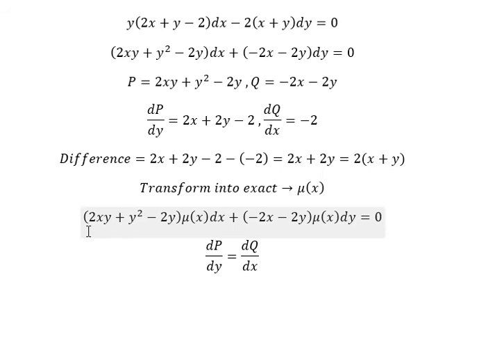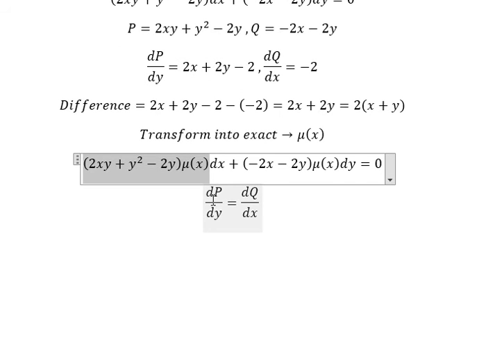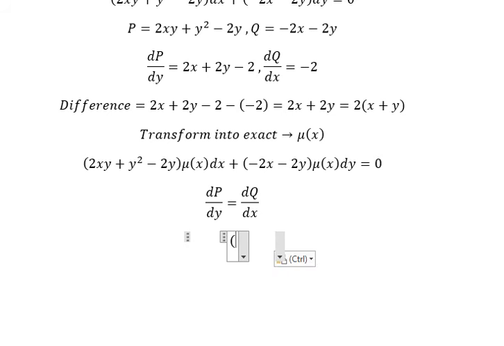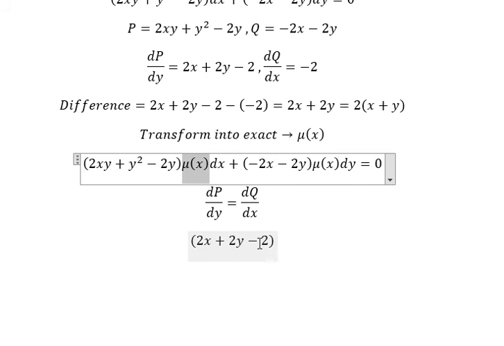So for the first one, we need to do first derivative of b with respect to y. So we just have this one, we just do in here. Multiply by mu s.